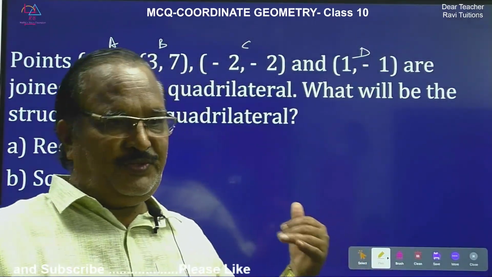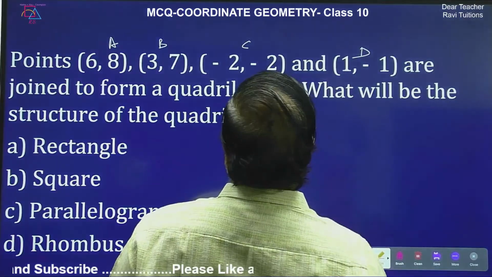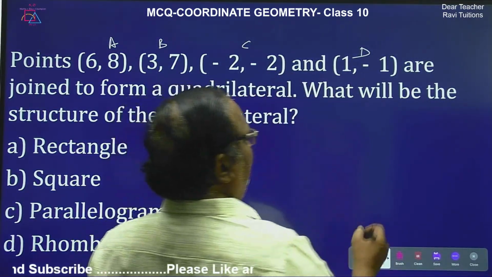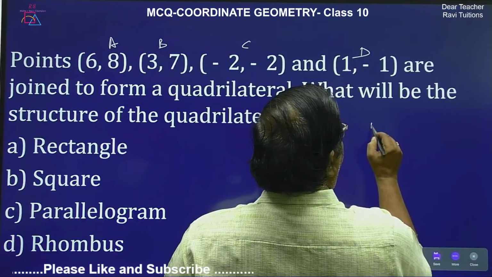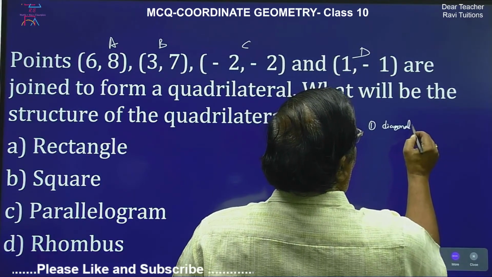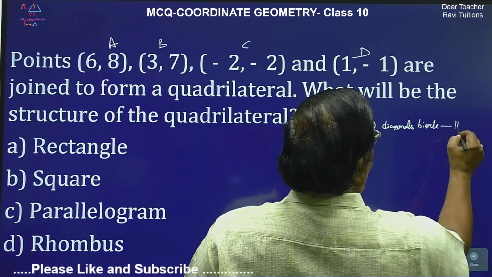So for this you should know the properties of the parallelogram. Can you tell me? If diagonals bisect each other, then it will be a parallelogram.